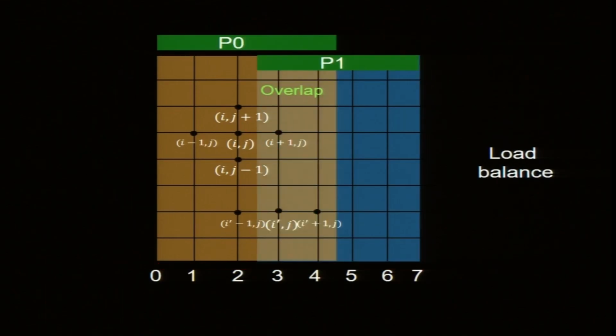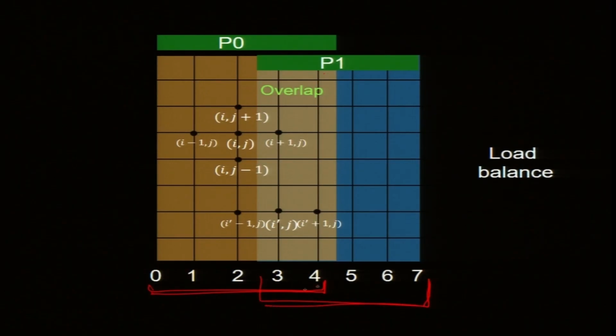Okay. So, this picture tells you the overlap region. The overlap region has to be shared by both. So, processor 0 should contain 0 to 4 and processor 1 should contain 3 to 7, 5 columns, ignoring the left side. Okay.